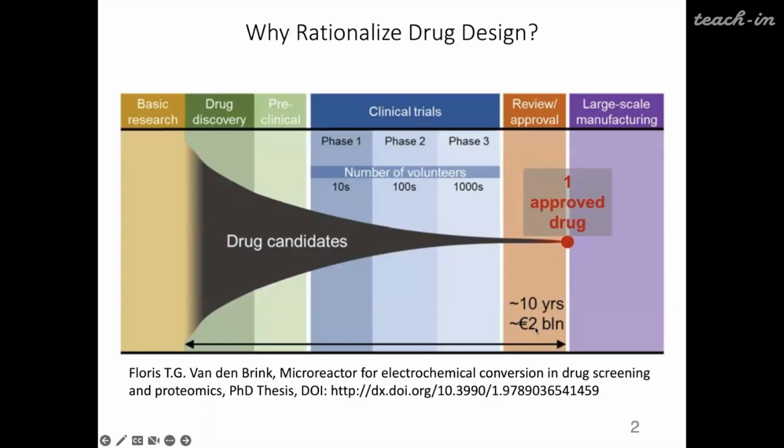This process takes a lot of time and takes a lot of money. Sums like billions of euros or dollars are usual for a drug development process. So that's basically why we need to try to rationalize drug design.